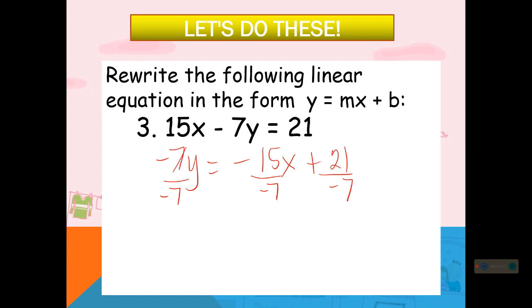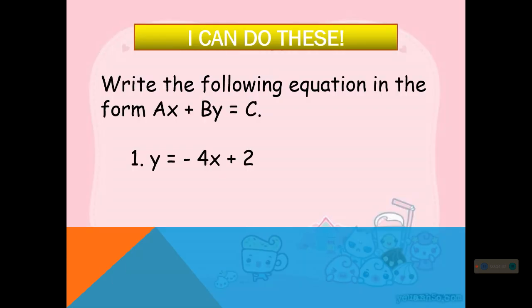You're right. So we have here y equals negative by negative is positive, so positive 15 over 7x. Then we have here positive 21 by negative 7 is negative 3. So our m here is 15 over 7 and our b is negative 3. Okay, question? Okay, so let's now have another.